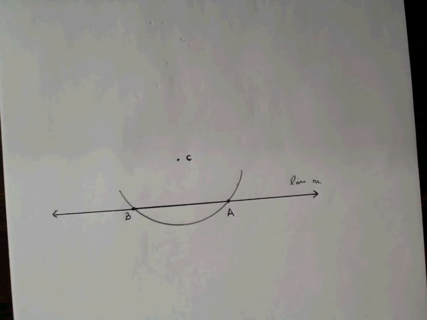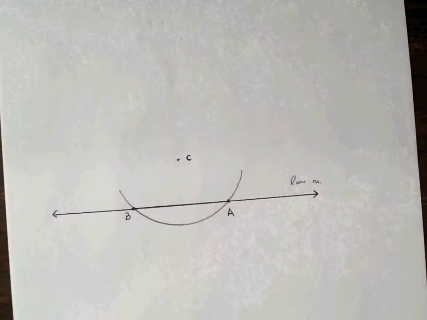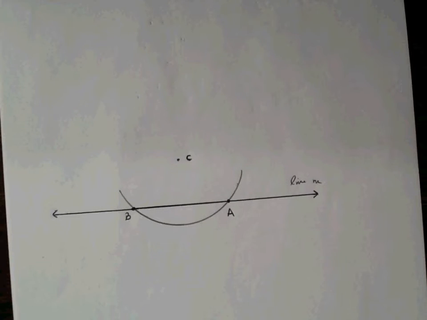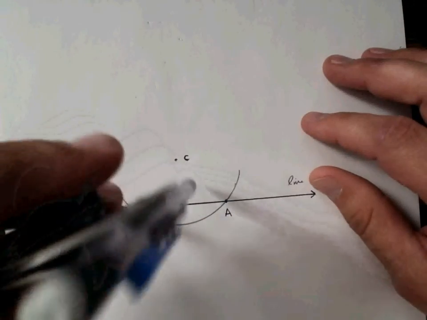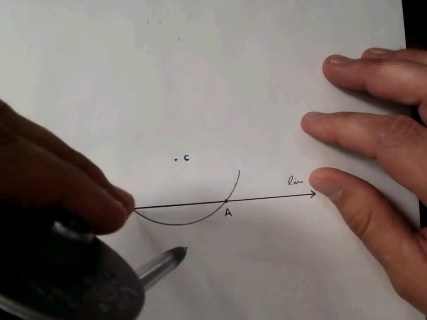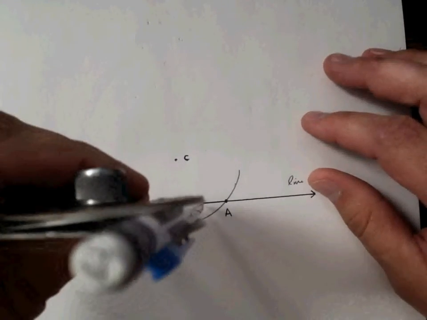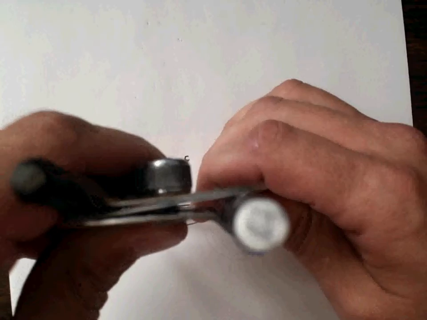And so therefore, what do I need to do now to be able to do that? Create circle B with radius BC and circle A with radius AC. AC? Isn't that going to give me the same circle? If I did circle B with radius BC, it's going to come out here, right? So what do I do? Make a circle with radius BA.